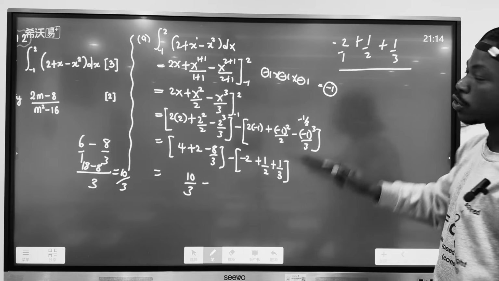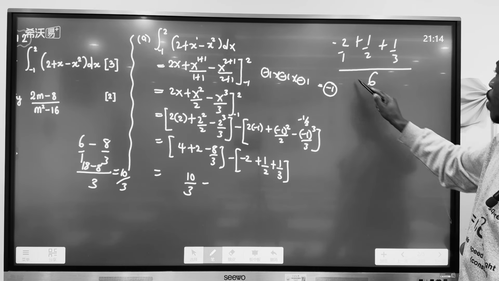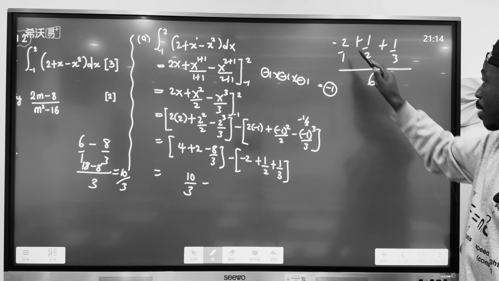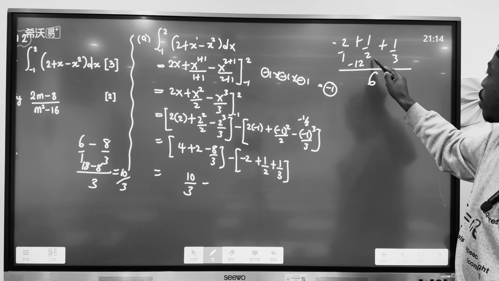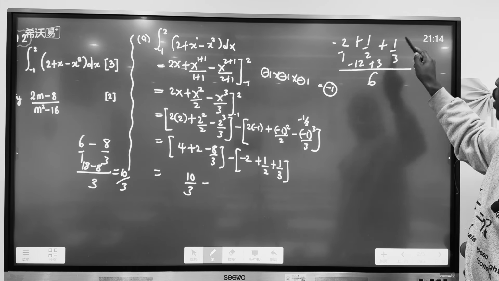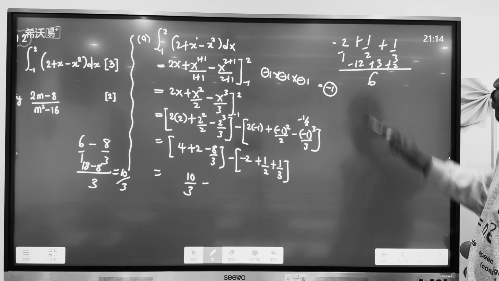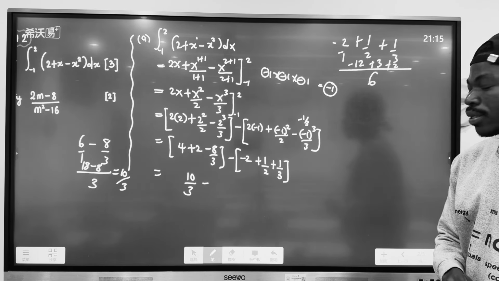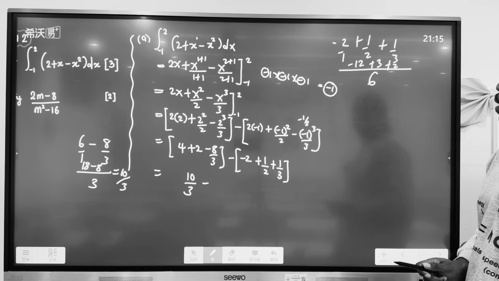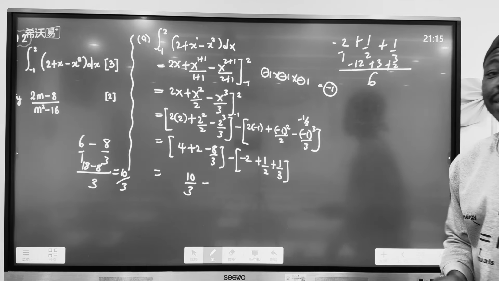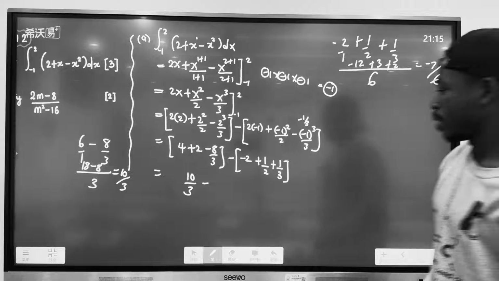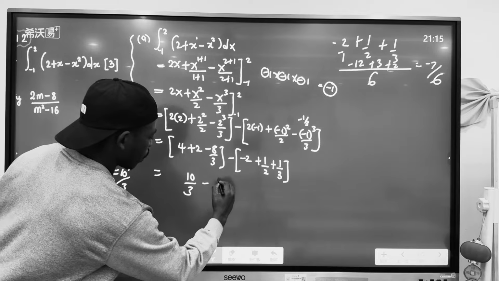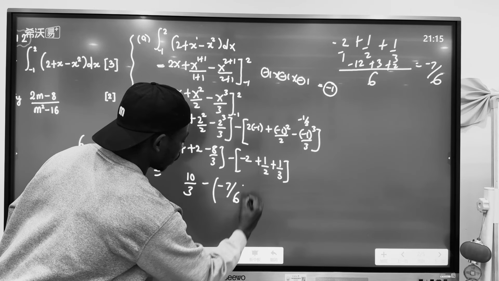We can look for a common denominator here, which is 6. 1 into 6, that is 6 times negative 2, negative 12. 2 into 6, 3. 3 times 1 plus 3, 2, that's 2. So negative 12 plus 3, that is negative 9. Then negative 9 plus 2, you have negative 7. So this will be negative 7 over 6.